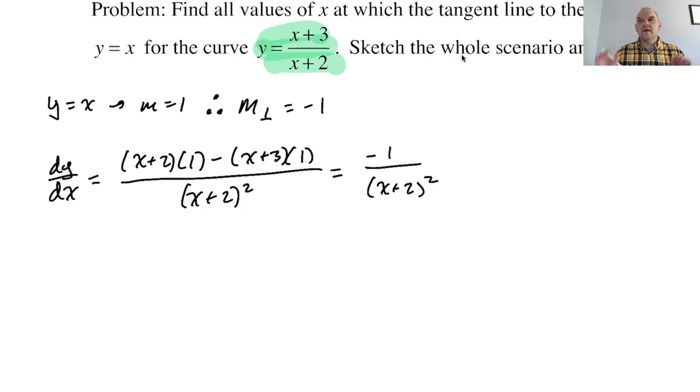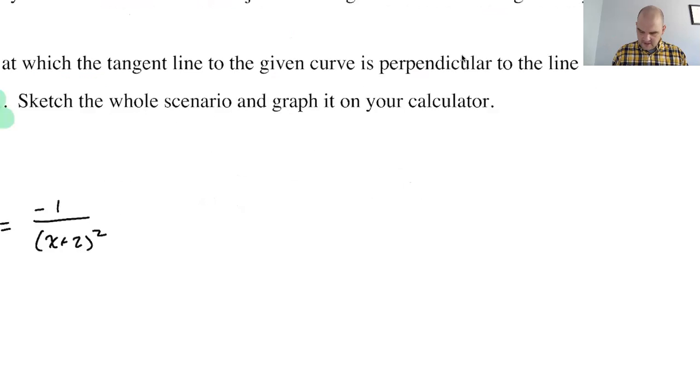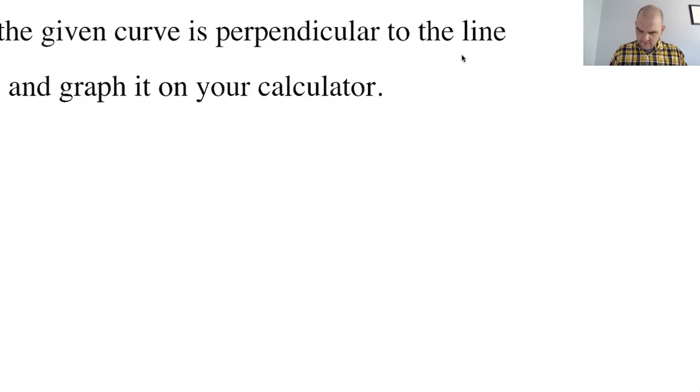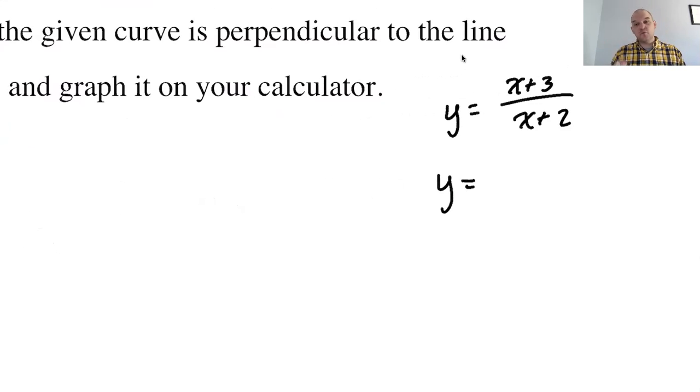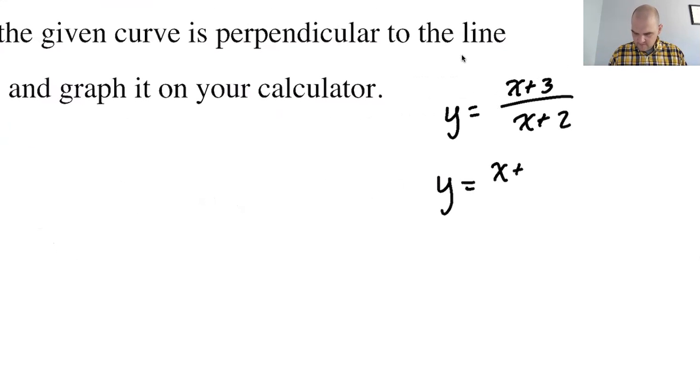Okay, so there's actually a thing you could have done here. You could have rewritten (x plus 3) over (x plus 2) as, typically I call this the +1 -1 trick, which doesn't really make sense in this case, but I'm going to partition 3 into 2 + 1 over x plus 2.